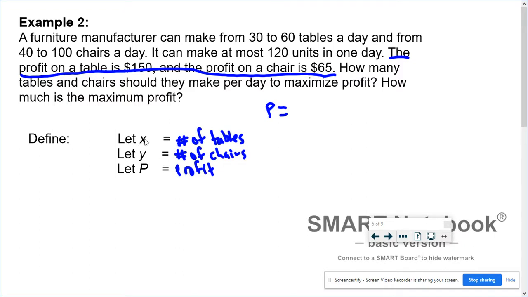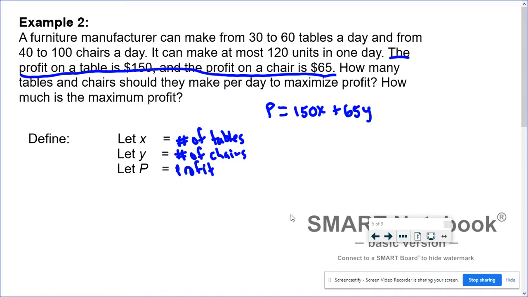That means if X is the number of tables they make, 150 times X is the amount of money they make on all the tables. And if Y is the number of chairs they make, and they make $65 on one chair, 65Y is the amount of profit they make on all the chairs. 150X plus 65Y is how much profit they make on all the furniture, the tables and the chairs together.